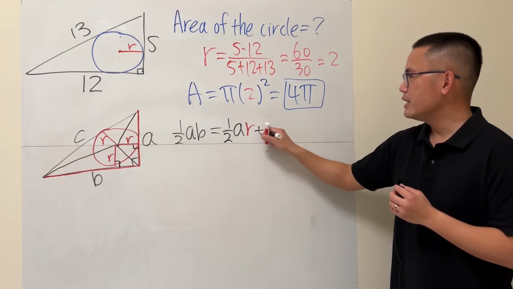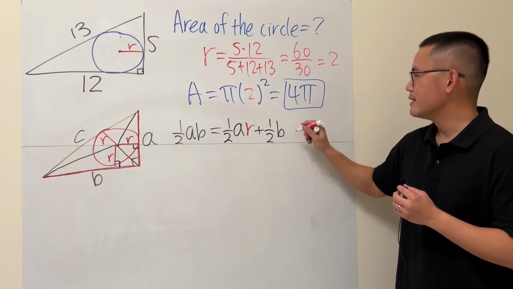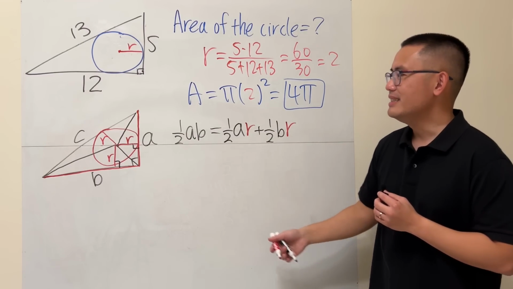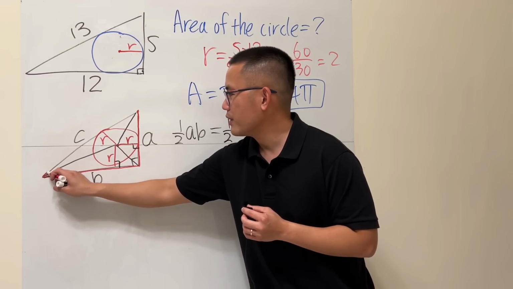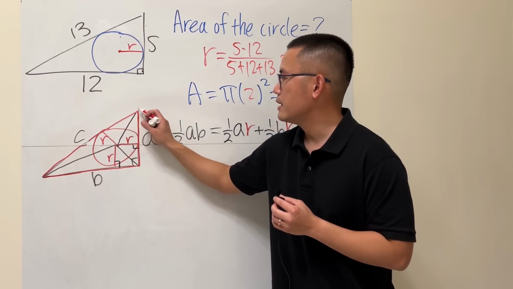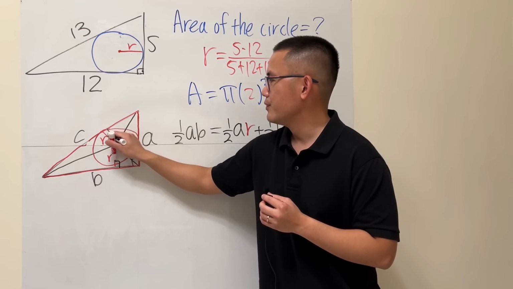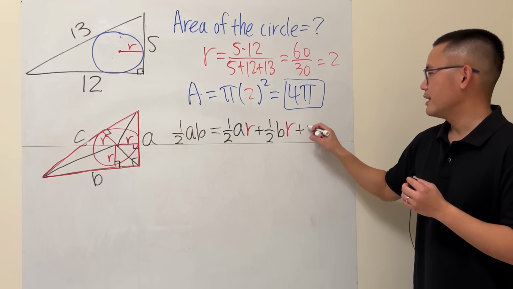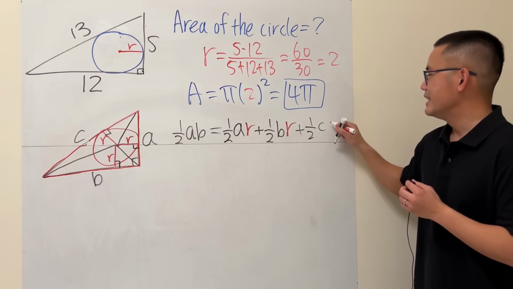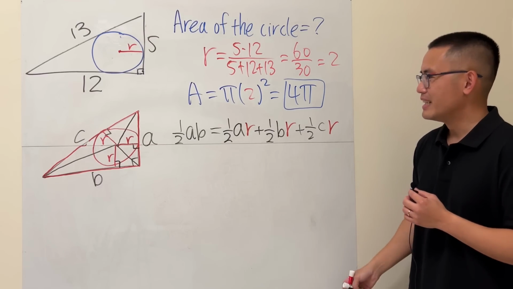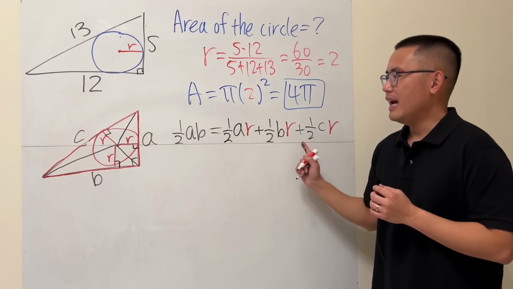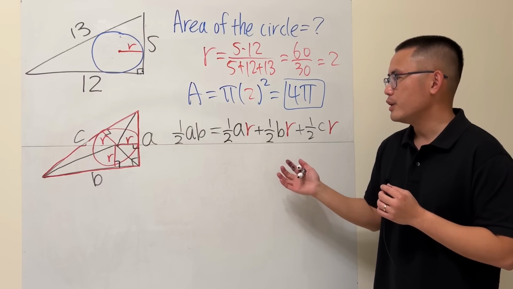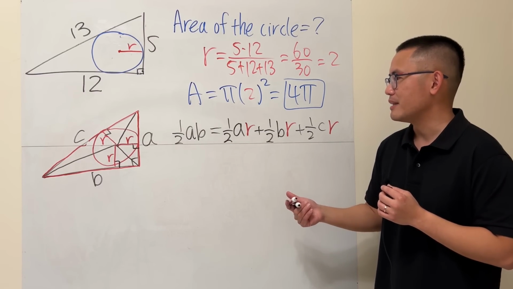So add it with what we had earlier. And then lastly, take this right here for the base. Take this for the height. So we have plus 1/2 CR, just like that. Now everybody has 1/2, so we can multiply this entire equation by 2, so the 1/2 doesn't matter anymore.